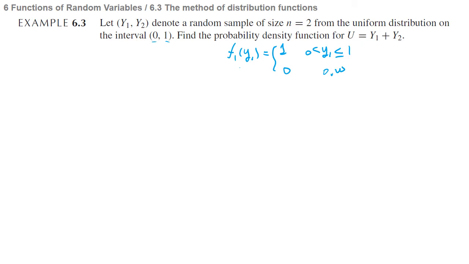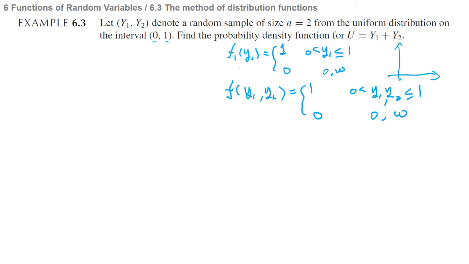And since y1 and y2 are independent samples, the joint density of y1 y2 is 1, where both y1 and y2 are from 0 to 1, and otherwise 0. So it is defined on this 0, 1 region, here the y1 axis, y2 axis, and uniformly distributed on this rectangular region. That's the joint density.